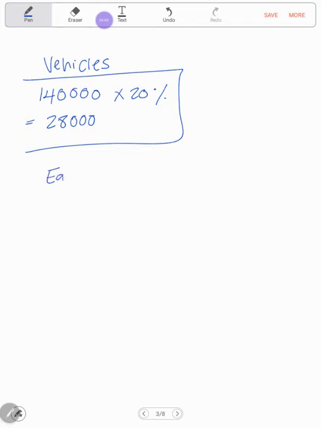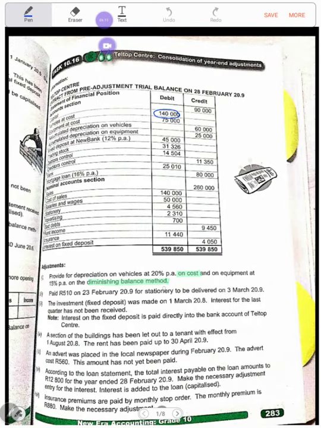Then we're going to work out our equipment immediately. The equipment was on the diminishing method at 15%. So our equipment at cost was 75,000 Rand. So I'm taking my 75,000, and remember the accumulated depreciation on equipment is 25,000.